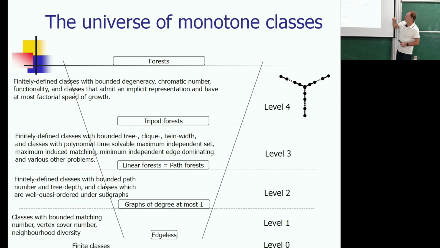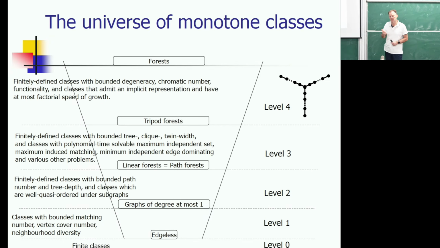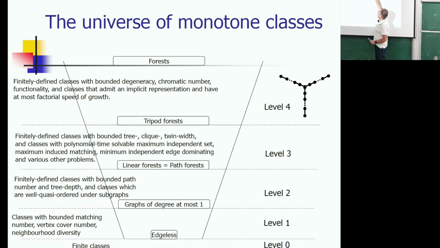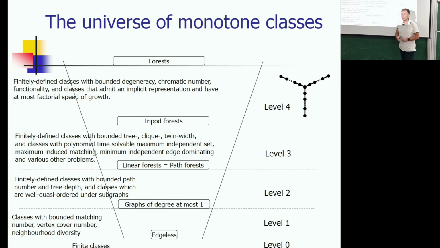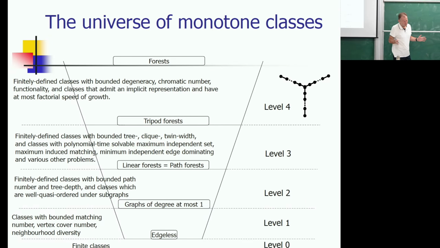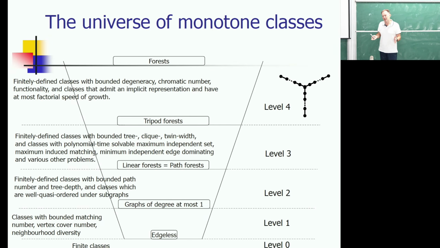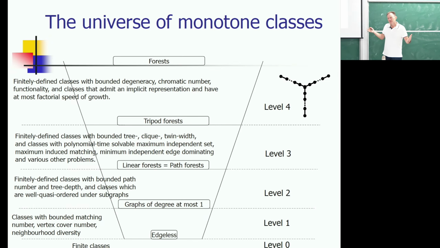And on the other hand, if we do not exclude the forest as a subgraph in a finitely defined class, then the problem is NP-complete. Again, we will see this in a few minutes. So it's somehow in between these two levels. And I have no idea how the critical classes look like for this problem. So let's look at this problem in more detail to better understand the critical classes for this problem.